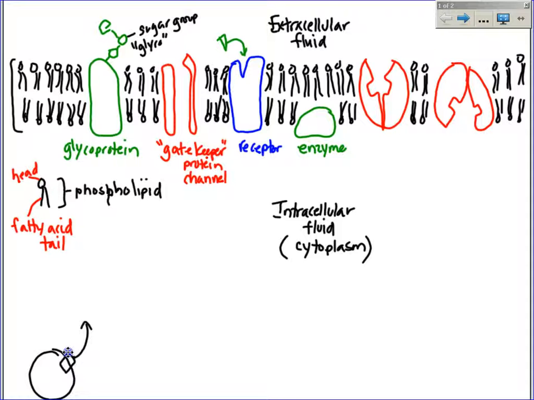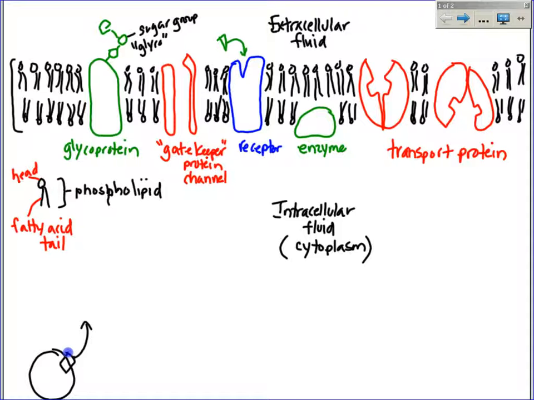Now the last two are really showing two versions of one kind of protein. So this is a transport protein. Now we can have transport pumps, we can have capture and release kind of transport proteins, or we can have facilitated diffusion where there's just a channel that kind of lets it pass through.